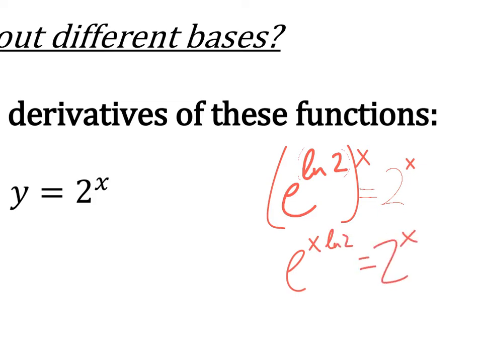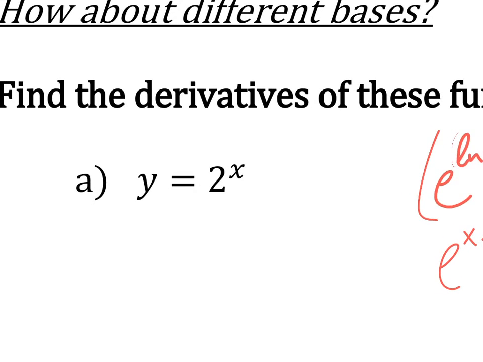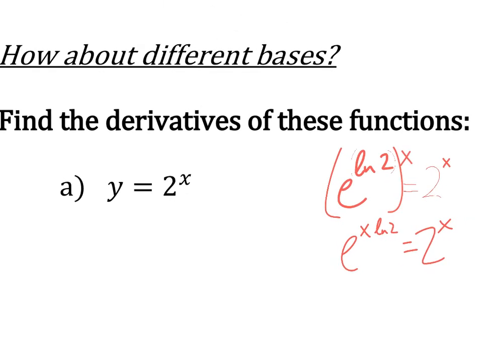So with that, we're going to go the long way right now, then we're going to discover the amazing shortcut. So 2 to the x is just e to the x times the natural log of 2. So y is e to the x times the natural log of 2.